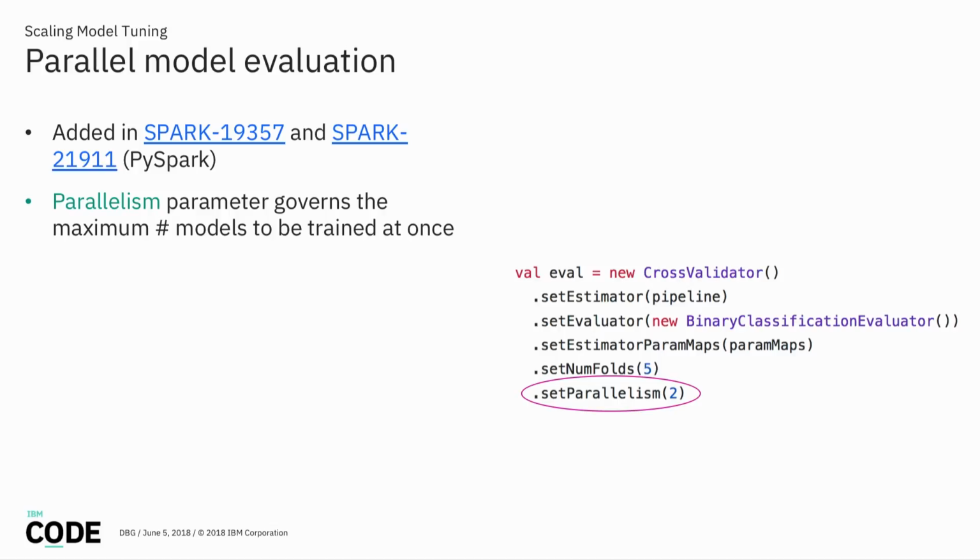So to do this, we introduced in Spark 2.3 a new parameter that's available in CrossValidator and TrainValidationSplit called parallelism. This is a number that governs the maximum amount of models that can be trained at once. You use it just by setting parallelism to your specified value.